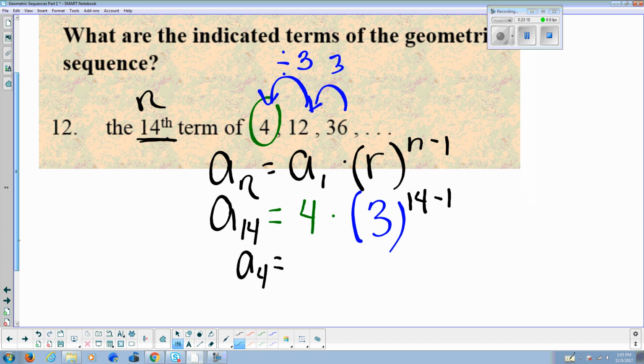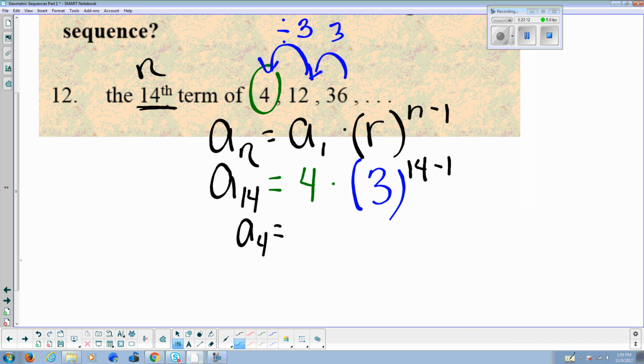Whoa, baby. It's big. One of the characteristics of geometric sequences is they get really big really fast. Why are geometric sequences getting big so fast? We're just going to the 14th term. Did you guys get a super large number on your screen?